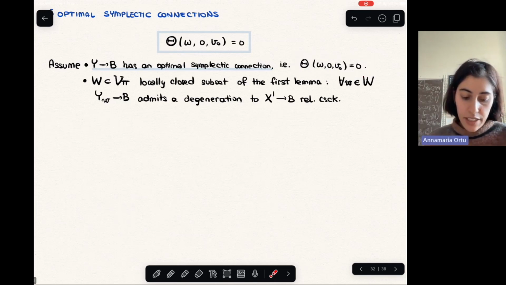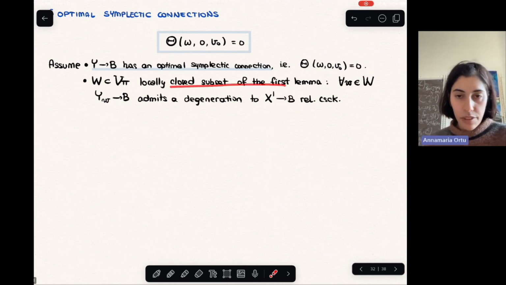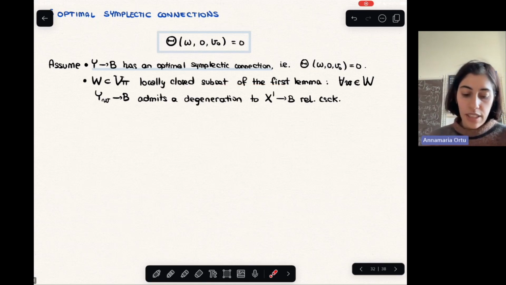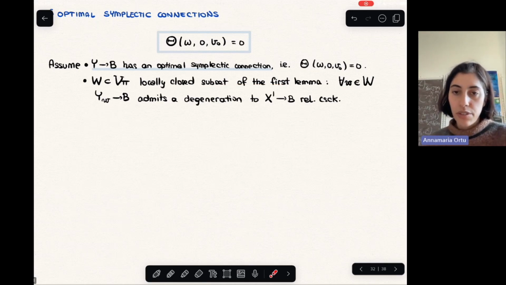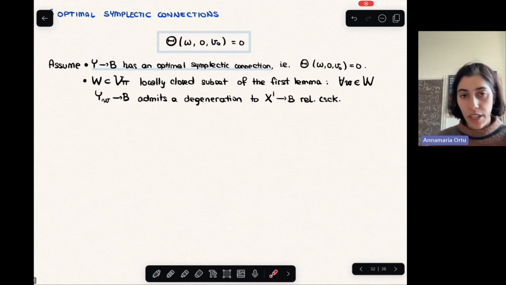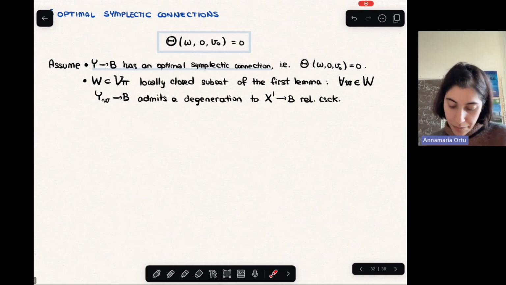And then we take the locally closed subset of the first lemma, so the subset that parameterizes all nearby fibrations that also admit the degeneration to a relatively cscK fibration. And we ask, when are these also optimal symplectic connections? So when does this fibration also admit an optimal symplectic connection?